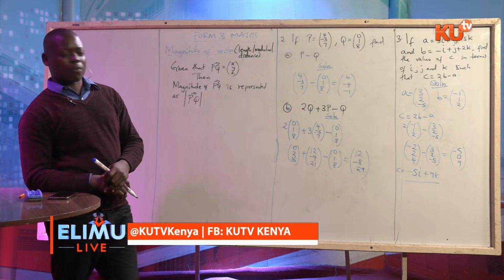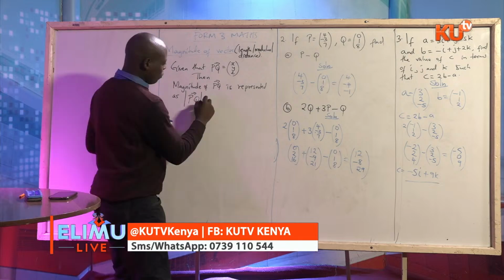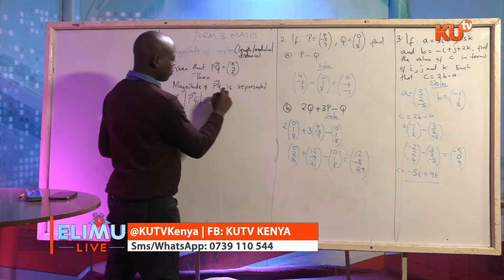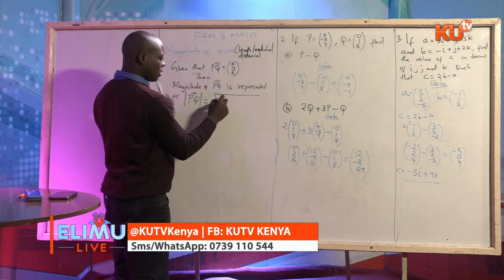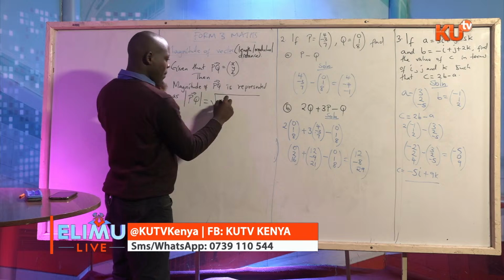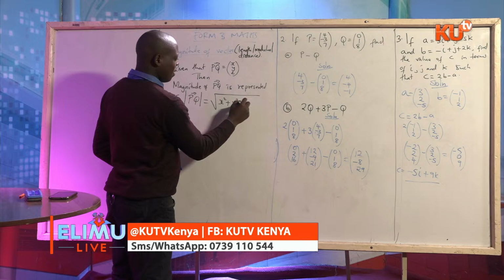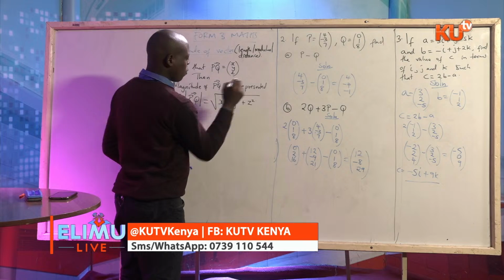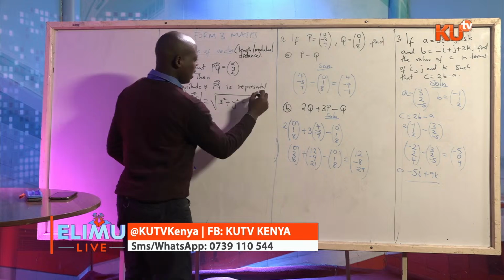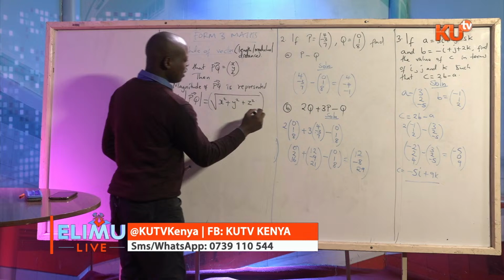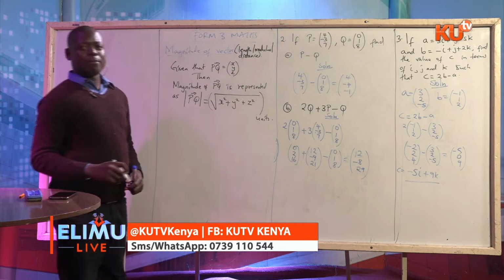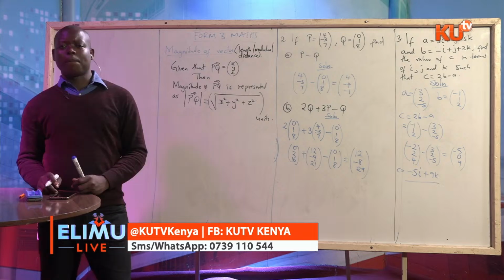So this is equal to the square root of x squared plus y squared plus z squared. And the answer to this will be in terms of units.